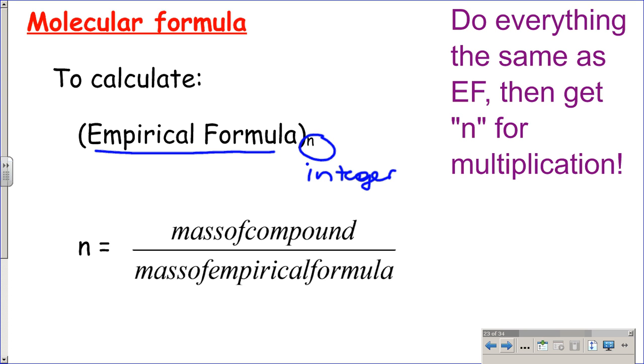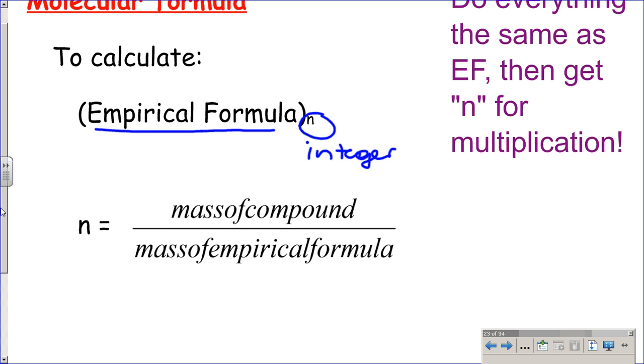The integer is achieved by taking the mass of the molecular compound divided by the mass of the empirical formula compound. So mass of EF. That's how you get the n number, the integer that you're multiplying by.